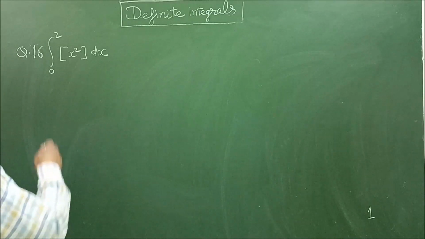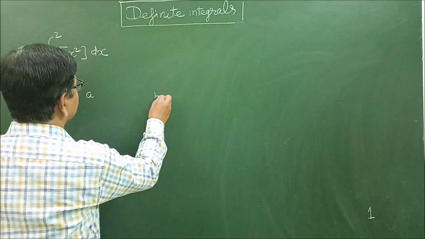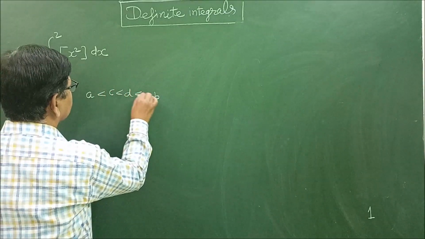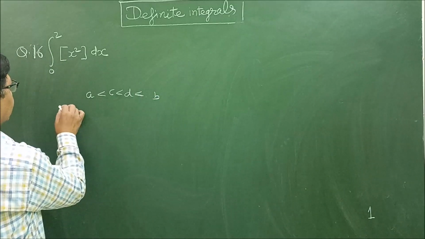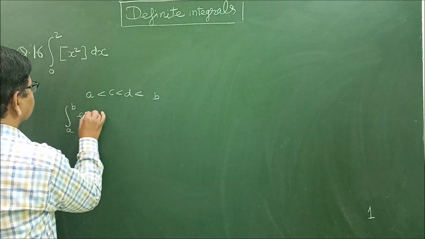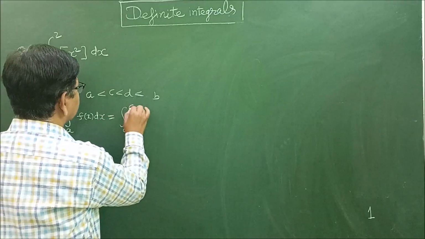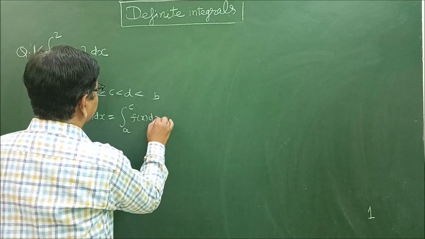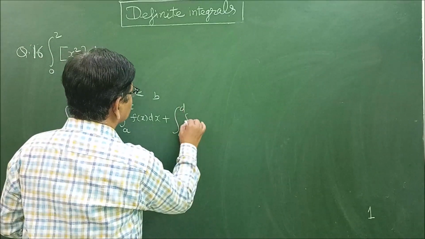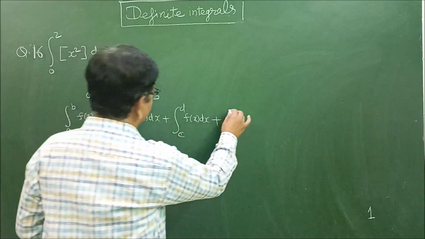Now if there are some points between a and b, let the points be c and d, then we can use the property that the integral a to b f(x) dx is equal to a to c f(x) dx plus c to d f(x) dx plus d to b f(x) dx.